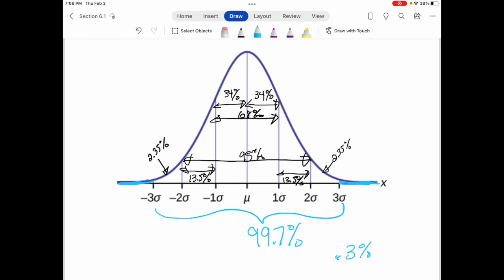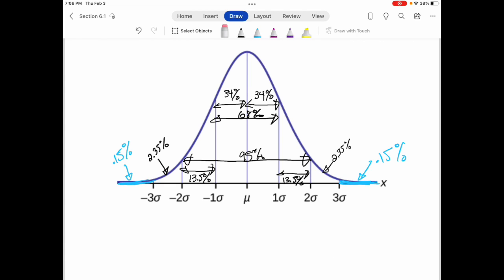Then if I want to know what's in each one, I divide by 2. So in this little wing right here, that's going to be 0.15% of the data, and in this little wing right here, that's going to be 0.15% of the data.